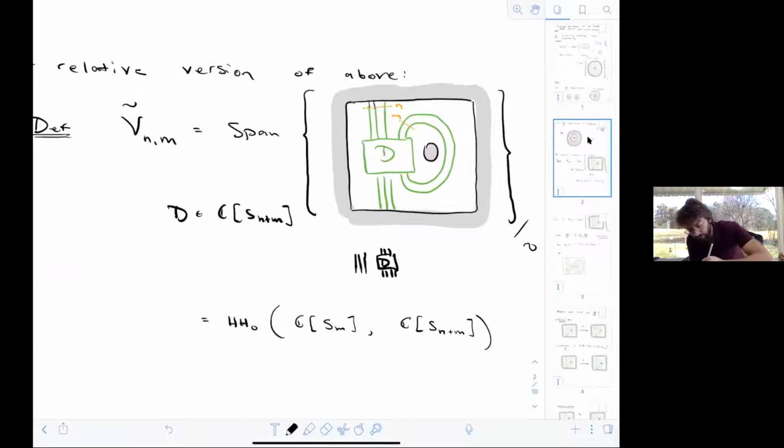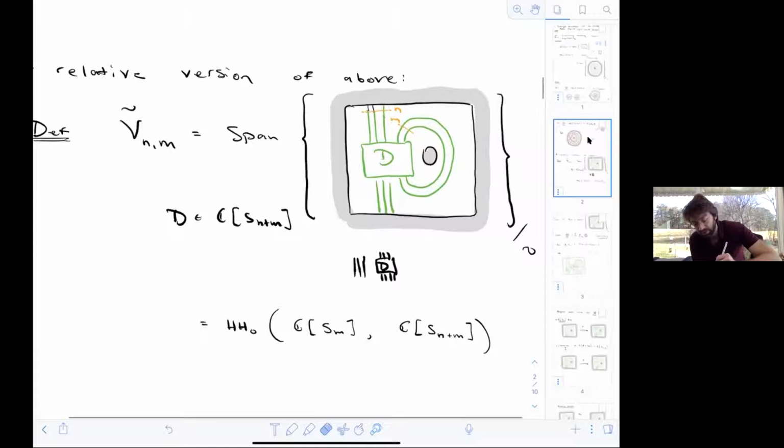I view this as a bimodule over this algebra via left and right multiplication by such diagrams. And so technically speaking, what I've done is taken some version of Hochschild homology with coefficients and described it diagrammatically in this way.